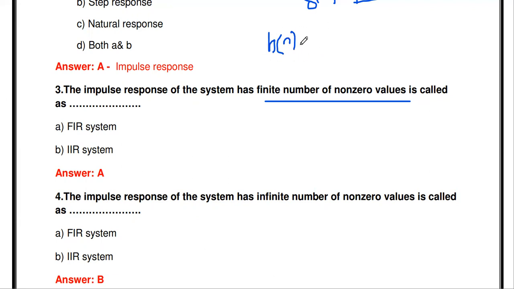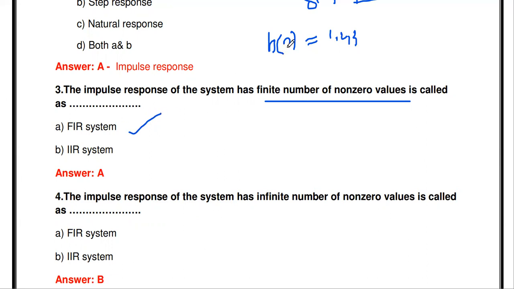If the h of n of the system has a finite number of non-zero values, the h of n value may be 1, 2, 3, 2 like that. Here h of n has only 4 non-zero values.